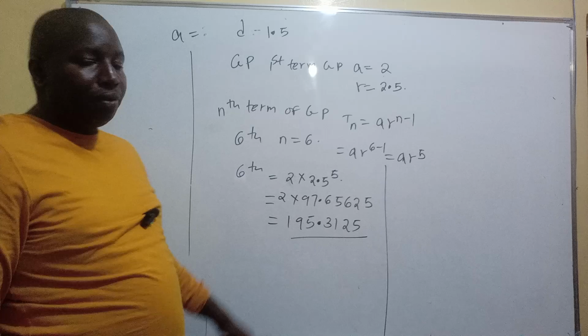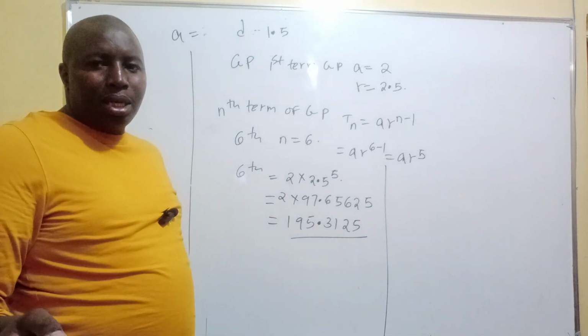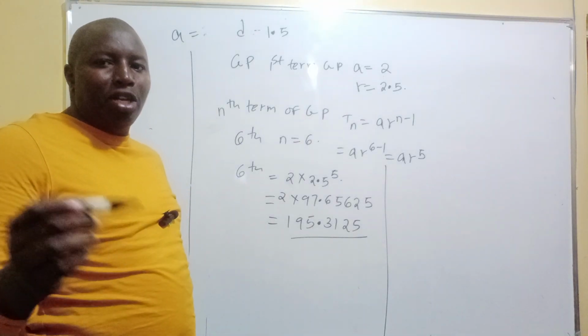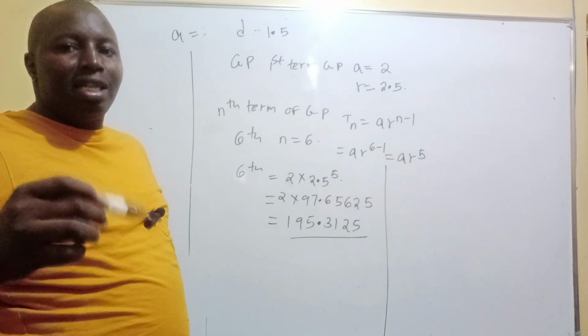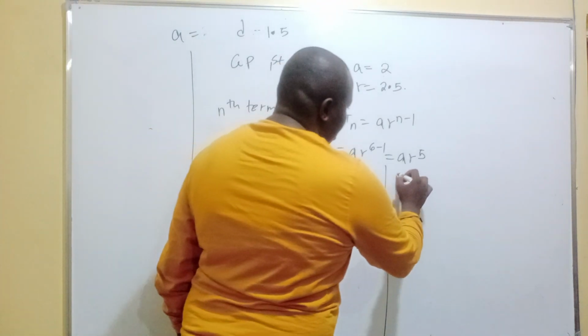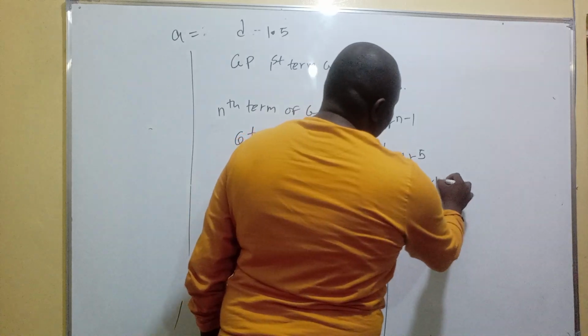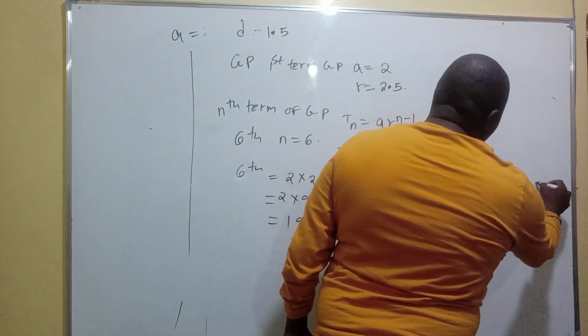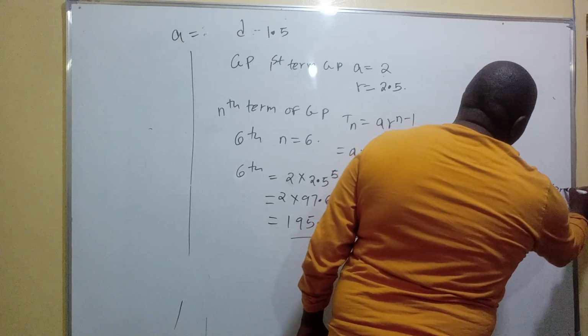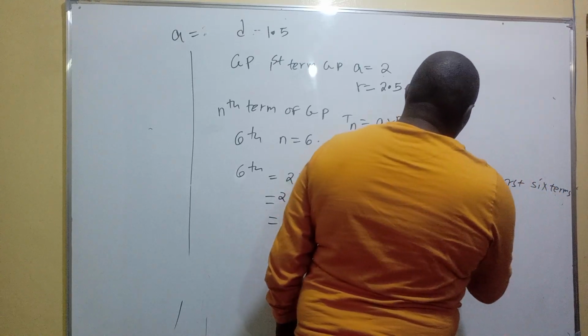So get that. Then the last part, B Roman 2: the sum of the first 6 terms of the GP.